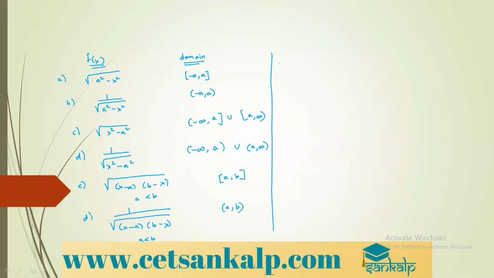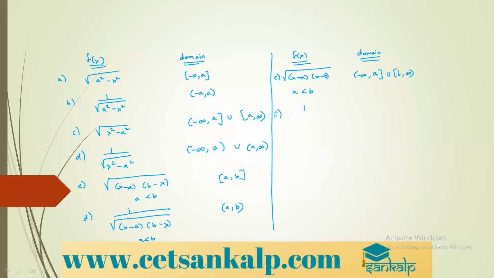Similarly, there are some more cases where I will give you the function and the domain as formulas. If you can memorize this, if you can learn it by heart, it will be easy and time saving. If the function is square root of x minus a into x minus b, where a is less than b, then the domain will be from minus infinity to a union b to infinity.